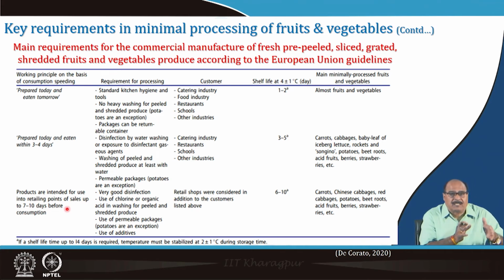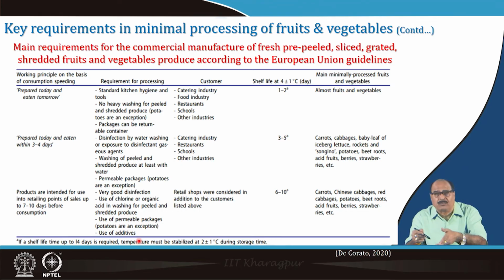So, what is your target for minimal processing, accordingly what are the different steps that should be used, and which vegetables or fruits are suitable for this. For example, for those prepared today and eaten within the next 3-4 days, like carrots, cabbage, baby leaf, iceberg lettuce, rockets, potatoes, beetroots etc., they have a shelf life of about 3 to 5 days.